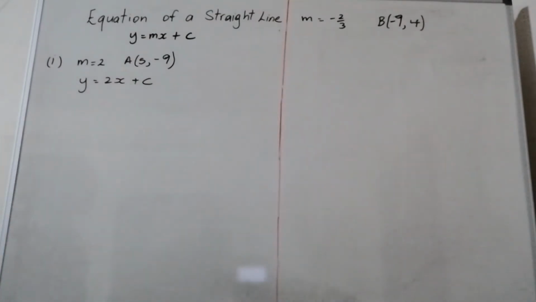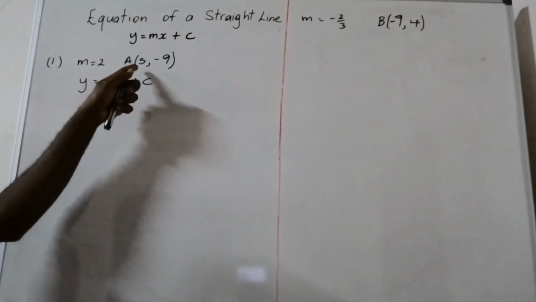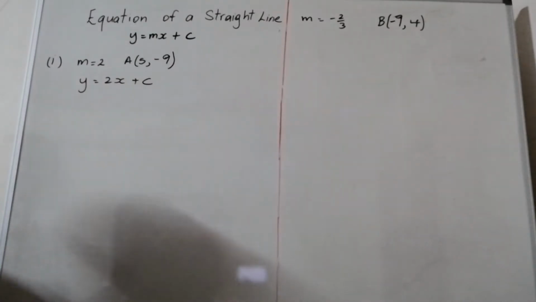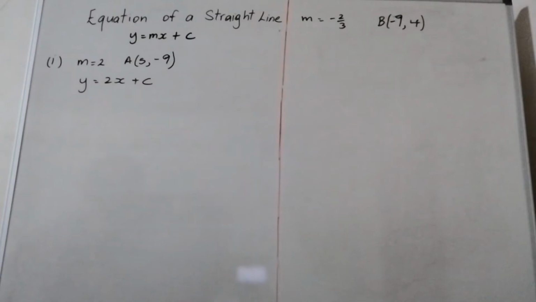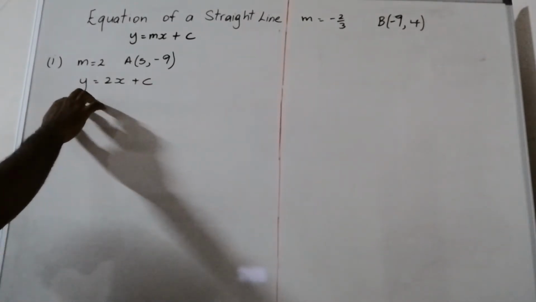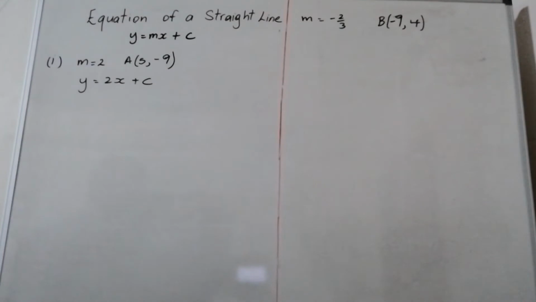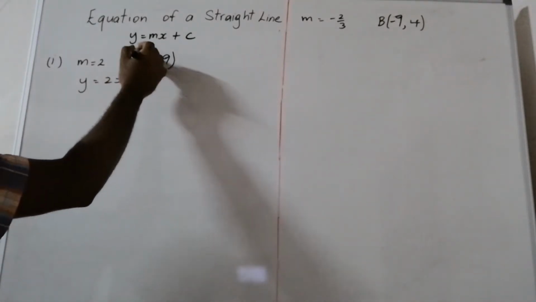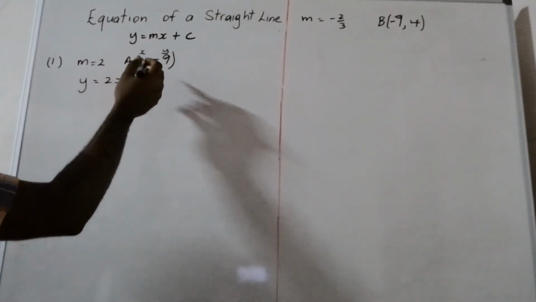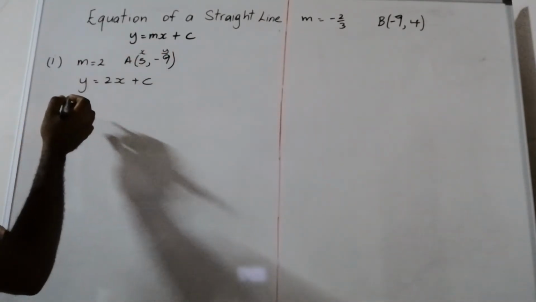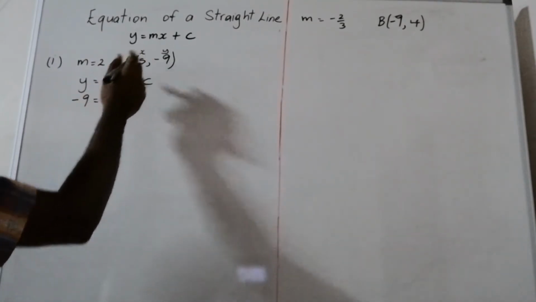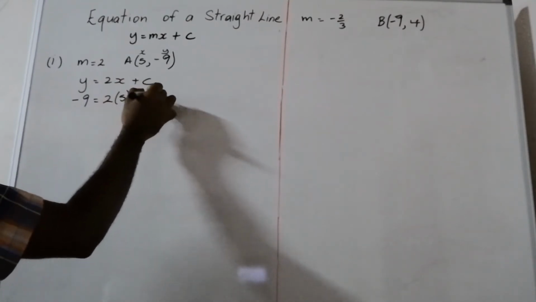Since we know a point on this line, one point on this line is 5 and negative 9, 5 representing x and negative 9 representing y, we substitute those two values in the equation to calculate the value of c. So negative 9 is equal to 2 times 5 plus c.